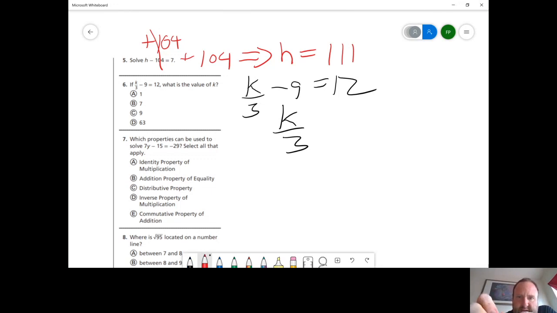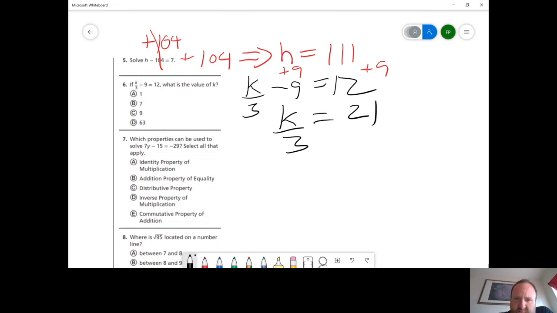Then 12 plus 9. 12 plus 10 would be 22, so if you're just adding 9, that's going to be 21.